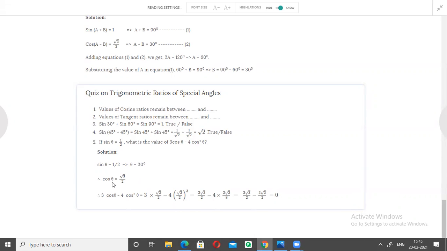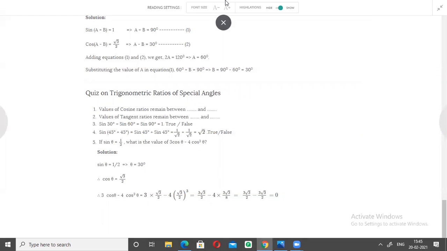Then cos theta is cos 30 degrees, that is root 3 by 2. Substituting, 3 into root 3 by 2 minus 4 into root 3 by 2 the whole cube. After simplification, we get 0.